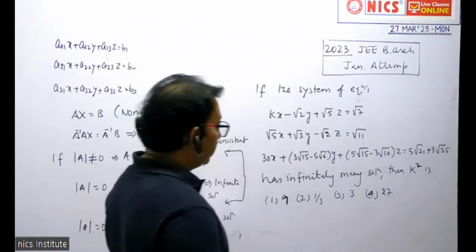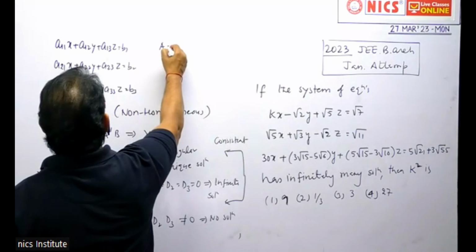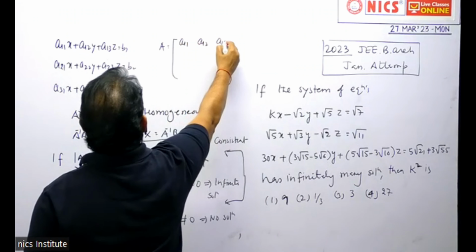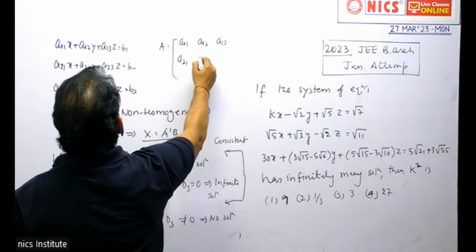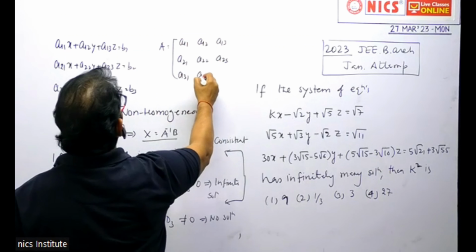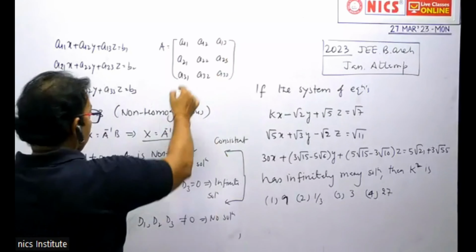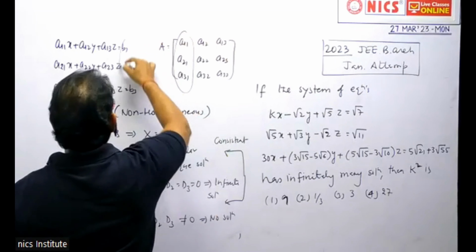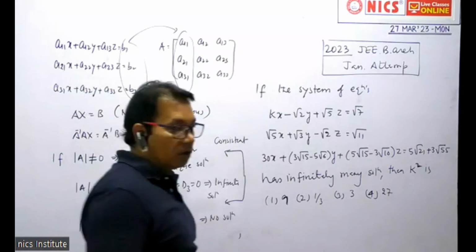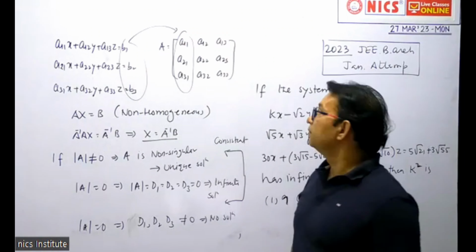Now the question is, what is D1? We have this matrix A called the coefficient matrix: A11, A12, A13, A21, A22, A23, A31, A32, A33. If you replace the first column of the coefficient matrix by B1, B2, B3, it becomes D1.